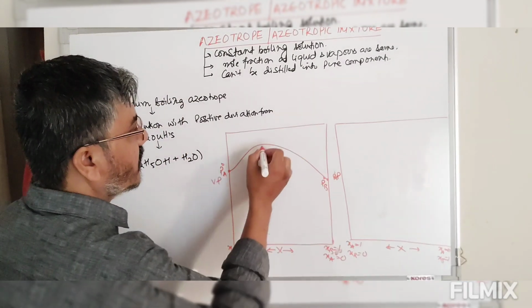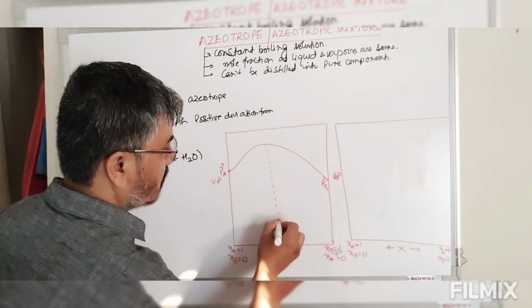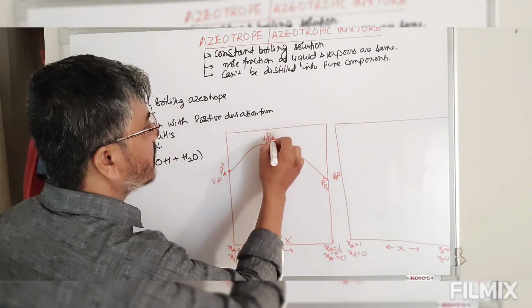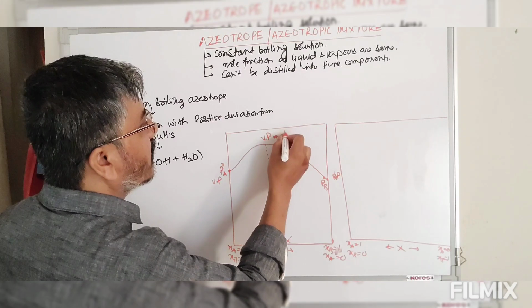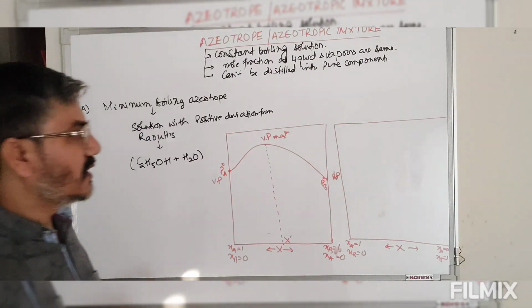So now look at this particular point. At this composition, the vapor pressure is maximum. If the vapor pressure is maximum, the boiling point will be less.